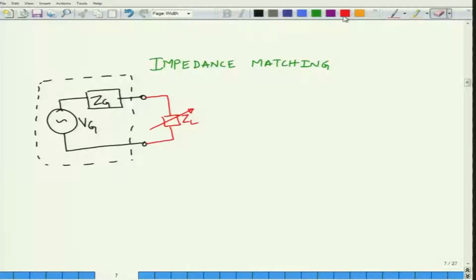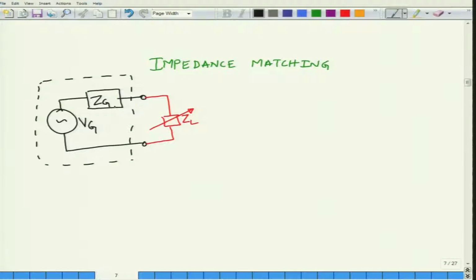Not only at high frequencies, even at low frequencies, we know that the generator will not necessarily always have a purely resistive impedance. It can also have a reactive component, which means that you will have a complex impedance as an internal impedance, something that is not accessible to you.